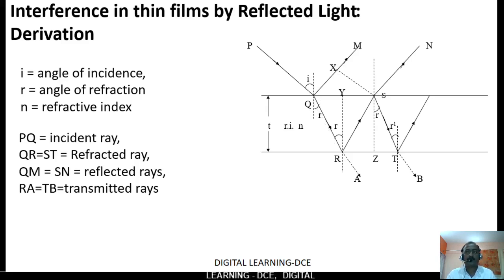Similar reflections and refractions occur at the points R and T. Thus we get a set of reflected rays.